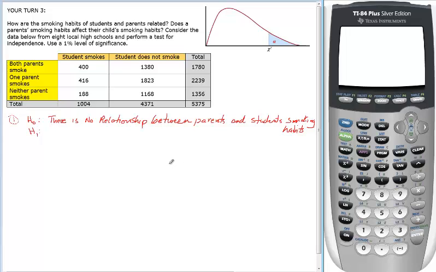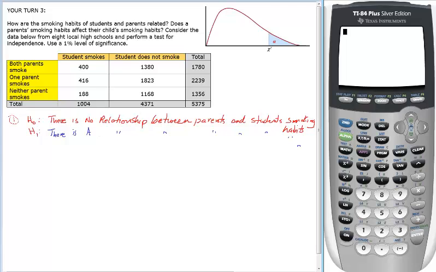Now the alternate hypothesis, of course, is that there is a relationship. There is a relationship between parents' and students' smoking habits. I'll just put the dittos there. So you got the idea.